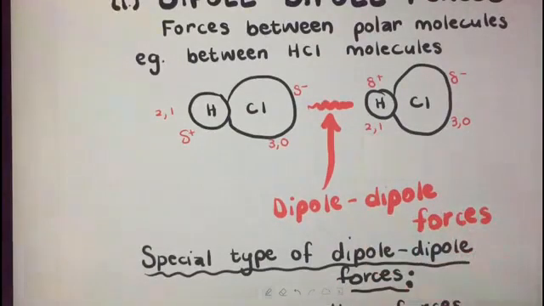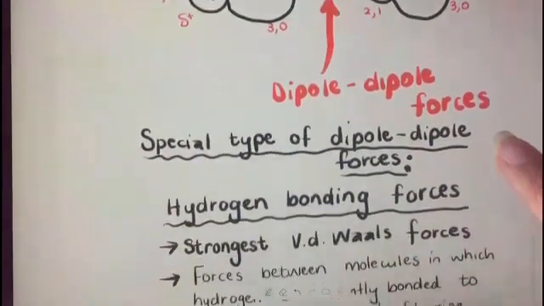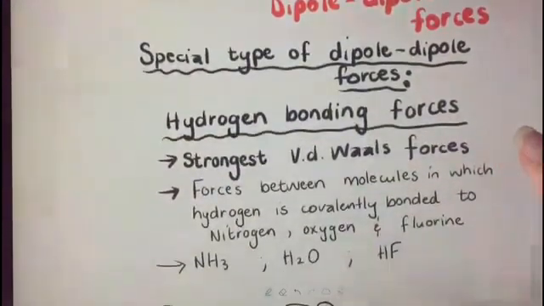dipole forces. Then we've also got a special type of dipole force, which is referred to as hydrogen bonding forces. I know some people just refer to it as hydrogen bonding, but I sometimes think people then might get it confused with covalent and ionic, and that's bonding, but these are intermolecular forces.